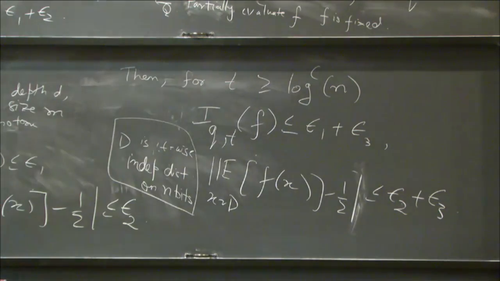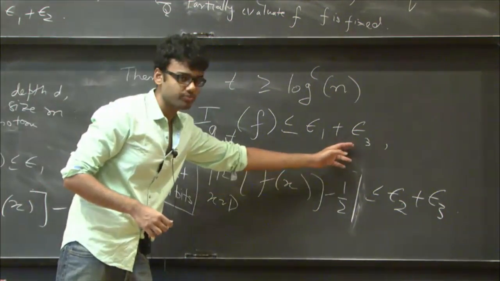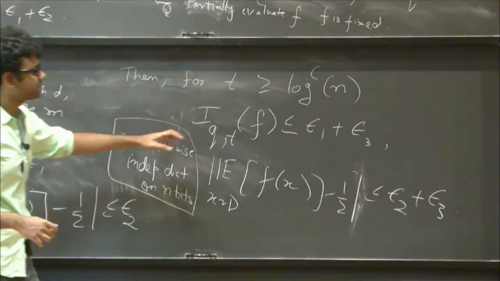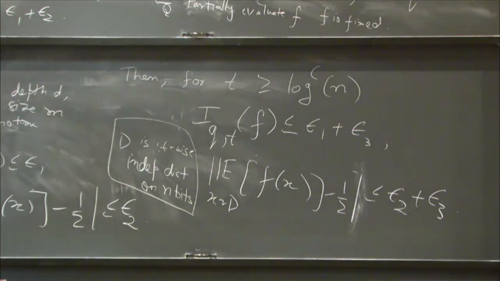So it can be chosen to be any arbitrarily small polynomial, and that just blows up the c that we get. The constant is also influenced by the depth d, right?